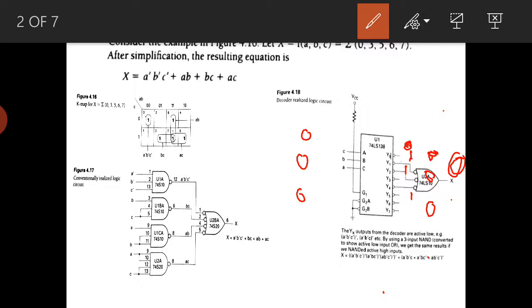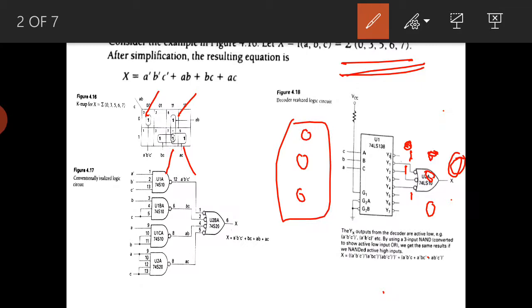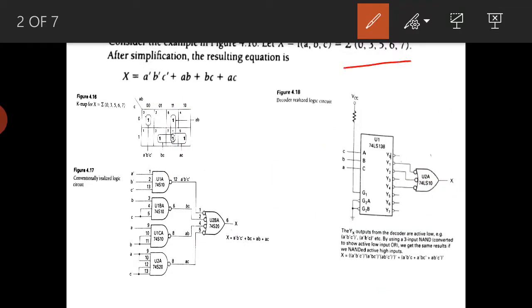Active low means for these combinations, whatever we required, 0 3 5 6 7, for these values we should get 0. For other combinations it will be 1, which means it is disabled. So for 0 0 0, this is active now, means 0 means it is active, we got the output.